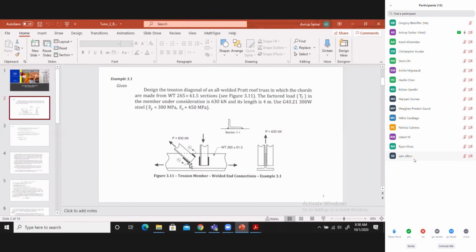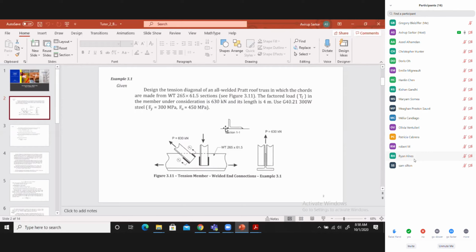So here it has been shown like this. On this side you can see the dark marking, it is the 240 millimeter length of weld, and on this side, the other dark marking, it is the 120 millimeter length of weld, and that has been shown in the cross section like this.